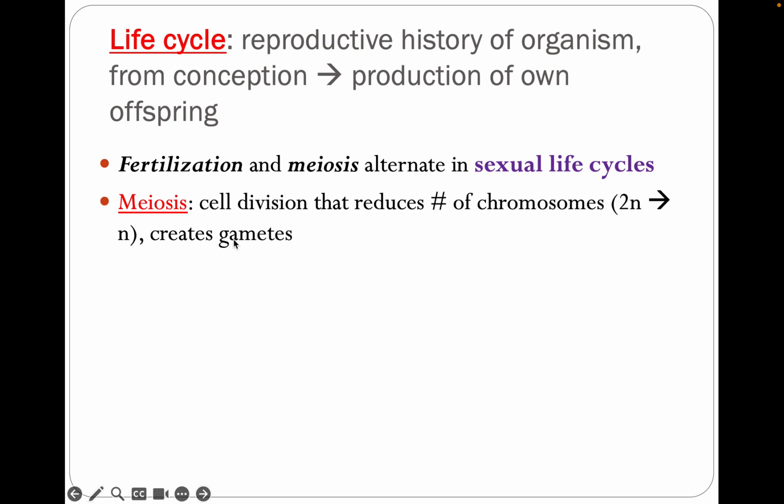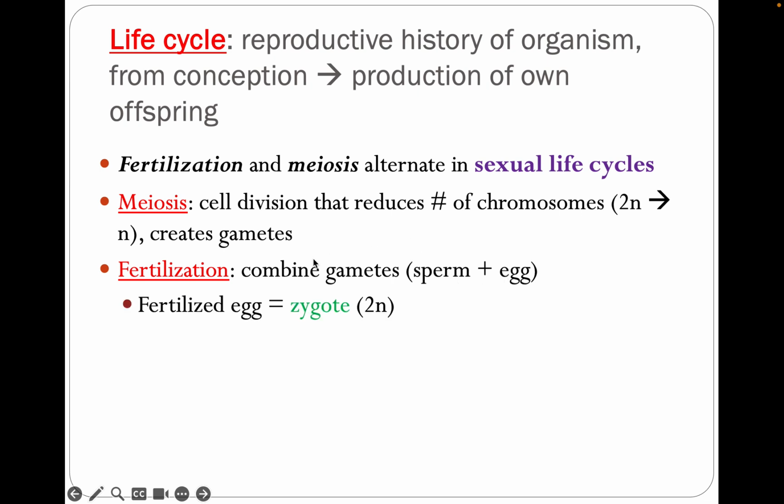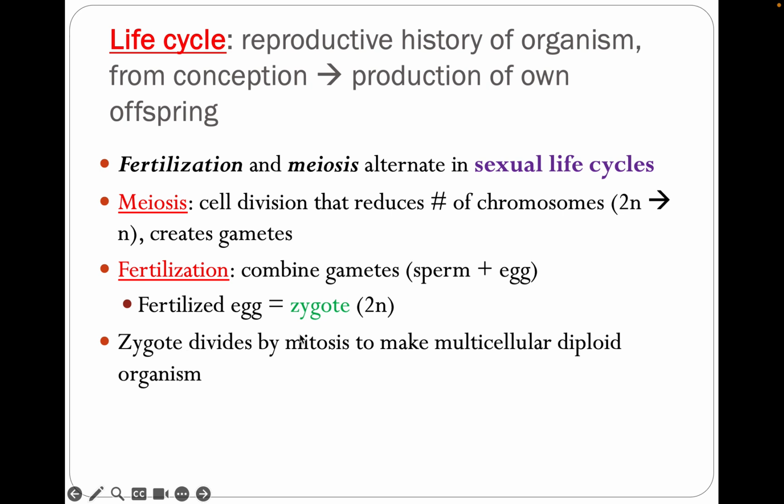And this is where sperm and eggs are created. Fertilization is when gametes are combined, when sperm and egg unite. The fertilized egg is called a zygote, and this is a diploid cell. The zygote divides by mitosis, regular cell division, to make a multicellular diploid organism.